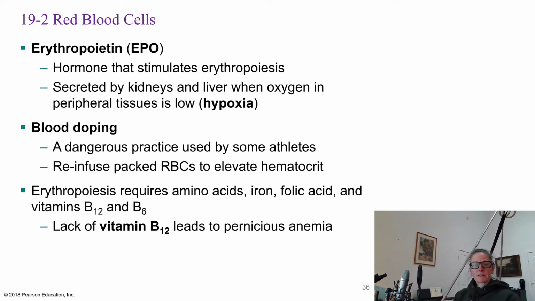Another way that athletes have gotten around this, which works pretty well, is they'll go up to altitude and train, and their body will naturally make more red blood cells, and then they'll come back down to wherever their race is being held, whatever altitude it is, and they will have more red blood cells. This is not considered blood doping, but it has its own risks involved.